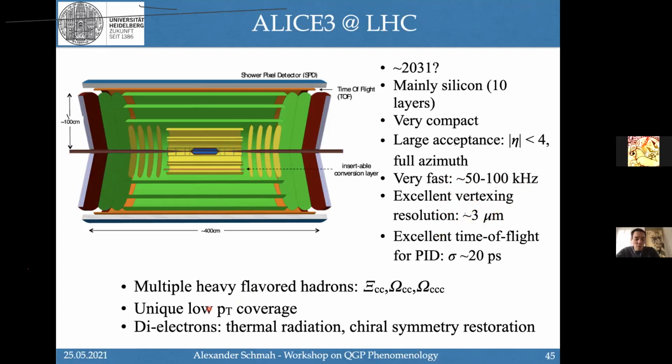And you can go to very low momenta in pT, because those MAPS-based detectors are very thin, and the multiple scattering is low, and that's why you can go to this very low pT. So the physics idea here is to go to really very rare probes, for example, Lambda_c, low pT observables, and also dielectrons to look into chiral symmetry restoration and so on.